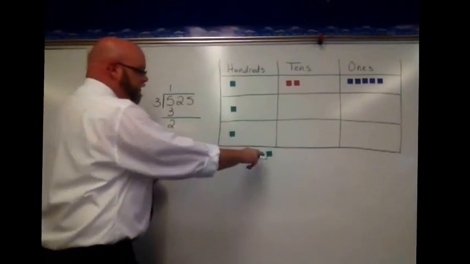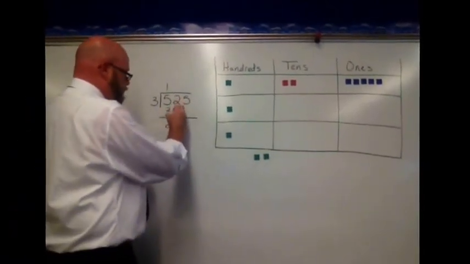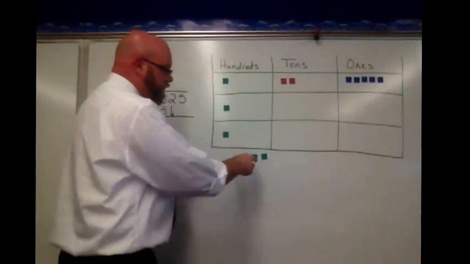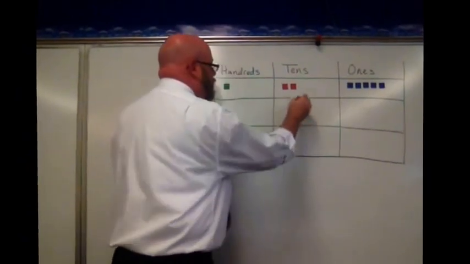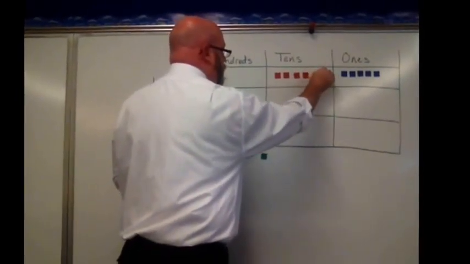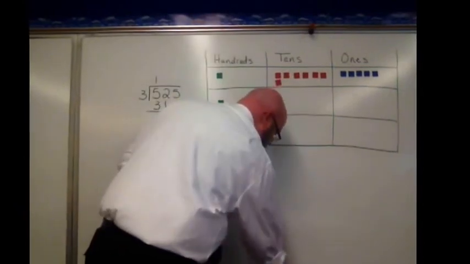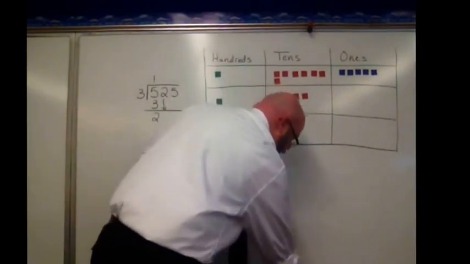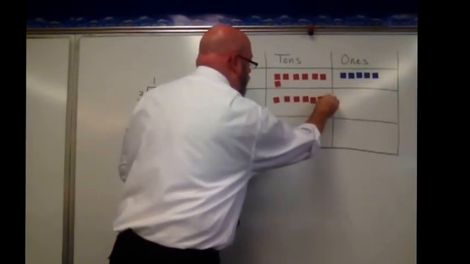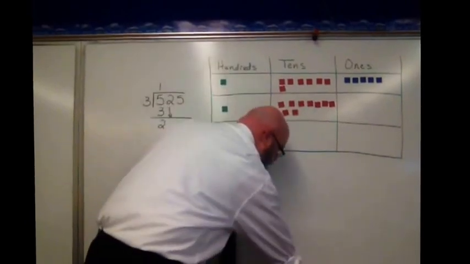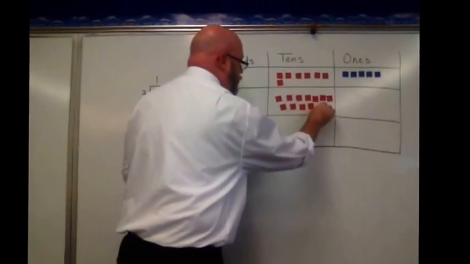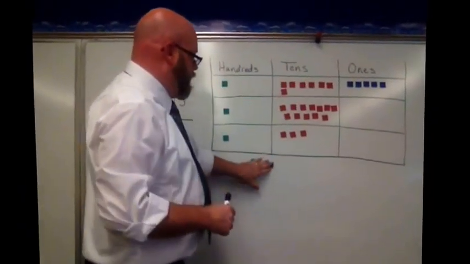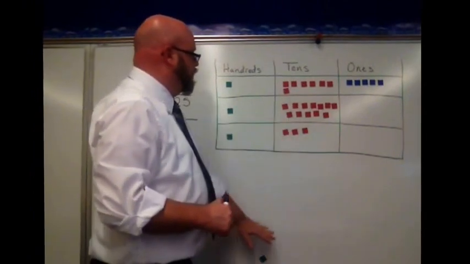Well, I'm going to exchange these 2 for tens. Well, each hundred is 10 tens. I'm going to start putting in my tens. So my hundreds are gone, and my tens are here.